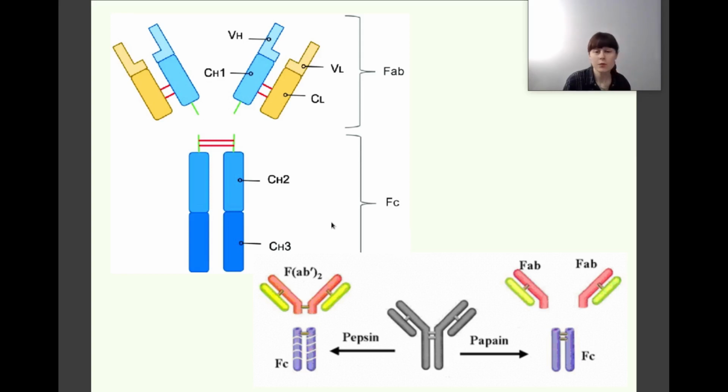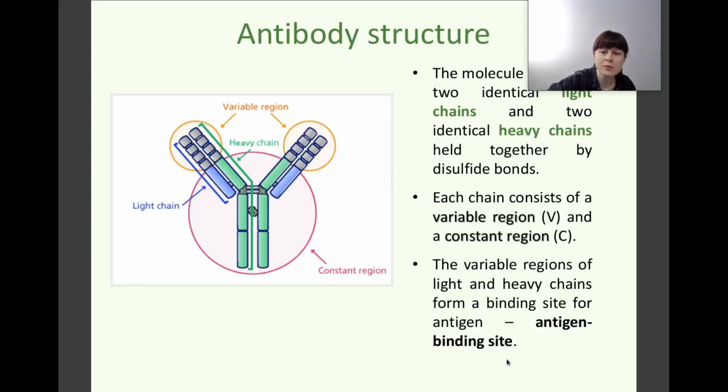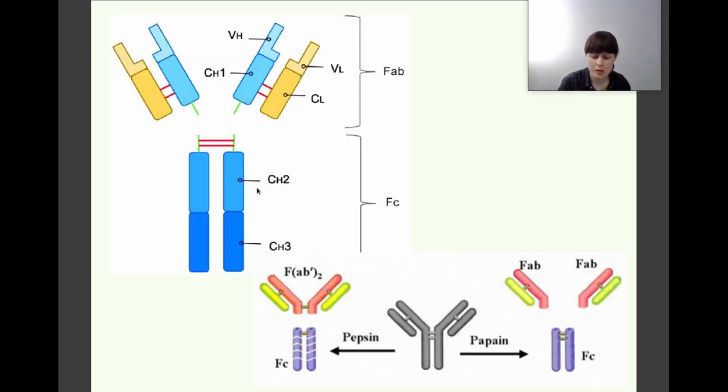Papain splits the immunoglobulin molecule into three fragments. You see this one. This was their experiment. Two Fab fragments and one Fc fragment, like we said before about disulfide bonds. And here they break these disulfide bonds.